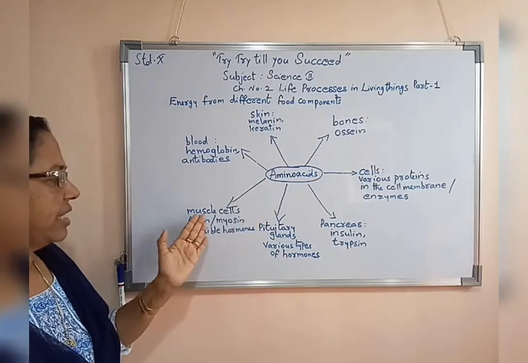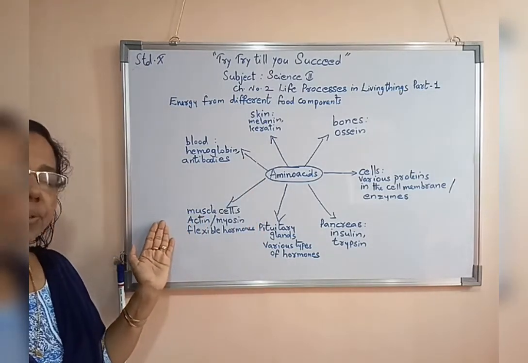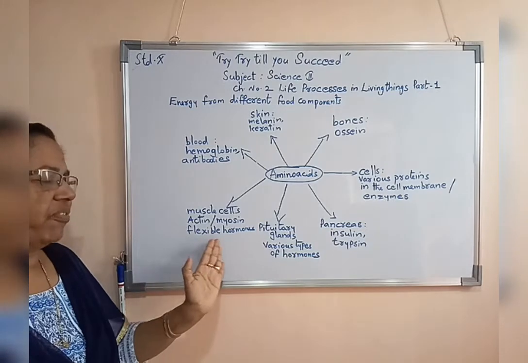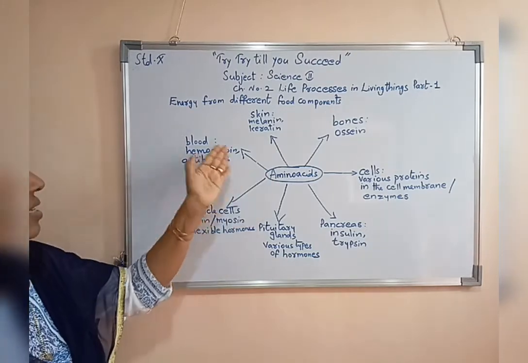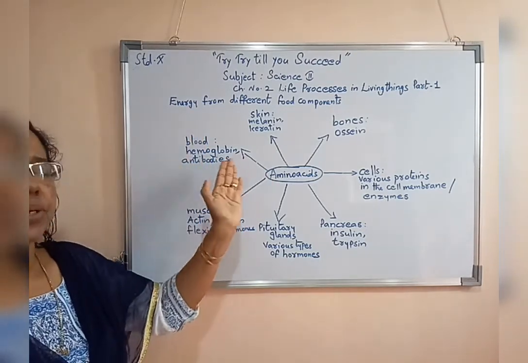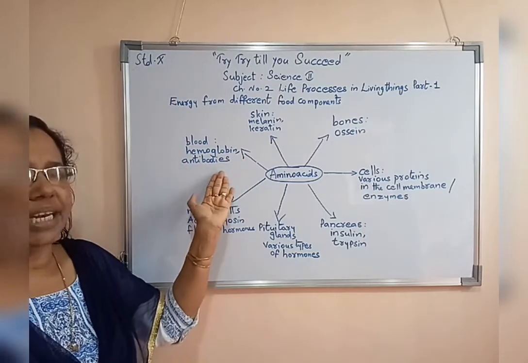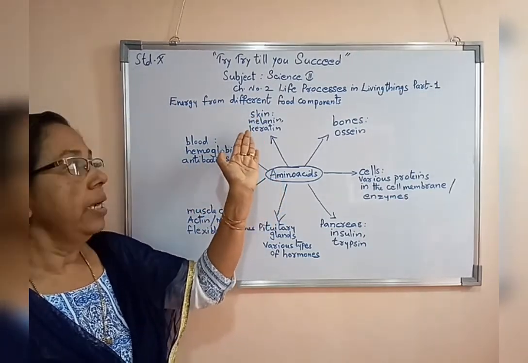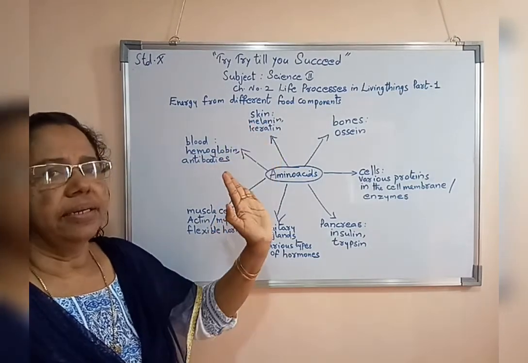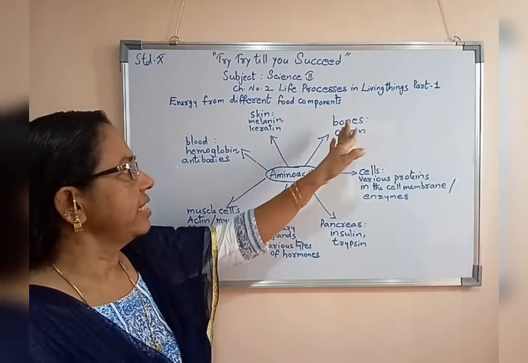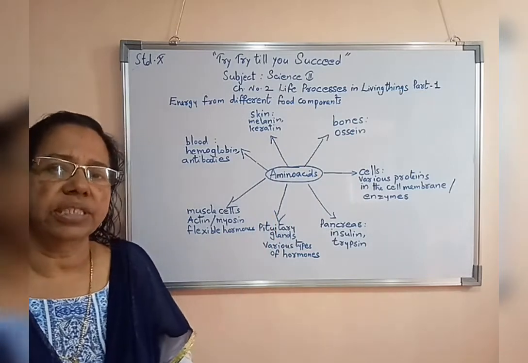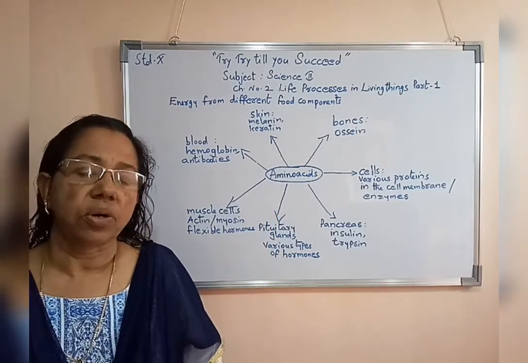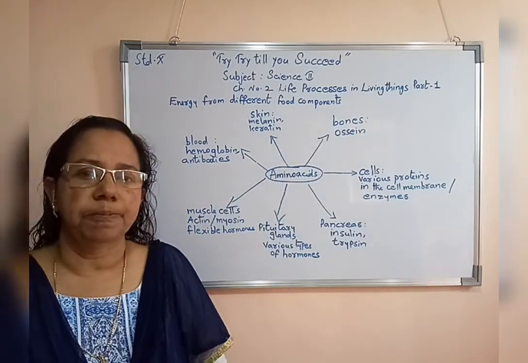Once it reaches the muscle cells, it is transformed to actin as well as myosin. Once it reaches the blood, it is transformed to hemoglobin as well as antibodies. Once it reaches the skin, it is transformed to melanin as well as keratin proteins. Once it reaches the bones, it forms osteine proteins.